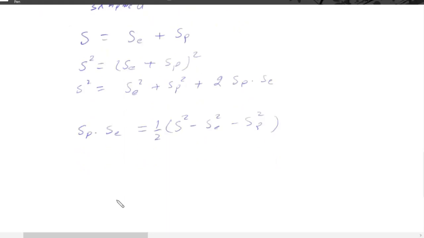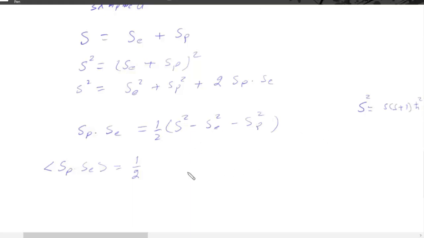Now we find its expectation value, then this is S_p · S_e is equal to 1/2. Okay, and we know S² is equal to s(s+1)ħ², and similarly for S_e² and S_p².